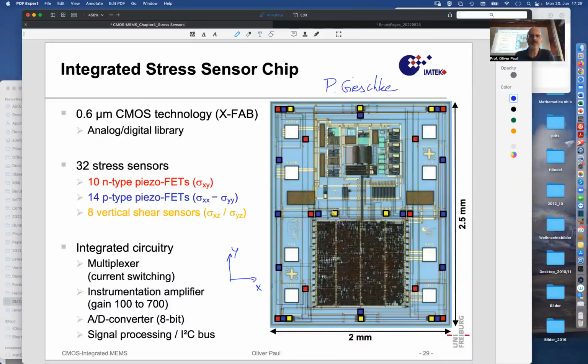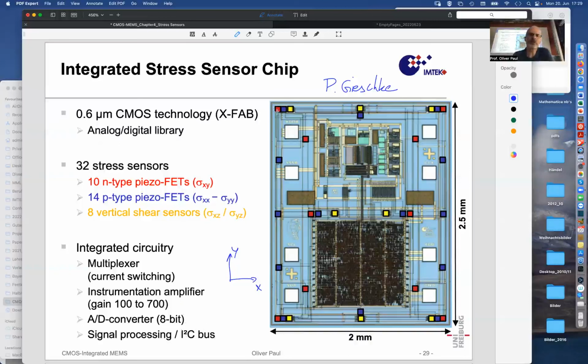And those sensors are all hooked up to some digital multiplexing circuitry and some analog circuitry, allowing to amplify those structures. Those amplifiers were not designed by them, but taken over from the design library of the CMOS fab, the foundry, and then digitized to come out of the system as a digital signal in the format of an I2C bus signal. And so what can that do?